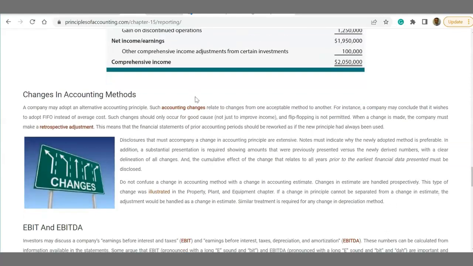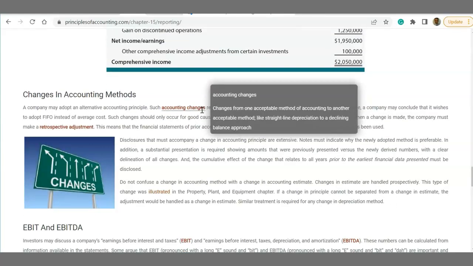Changing accounting methods, you might have changes from one acceptable method of accounting to another acceptable method, like straight line depreciation to a declining balance approach. If that happens, and it is accepted because you have very good reason to do that, you cannot just do it because you like it.